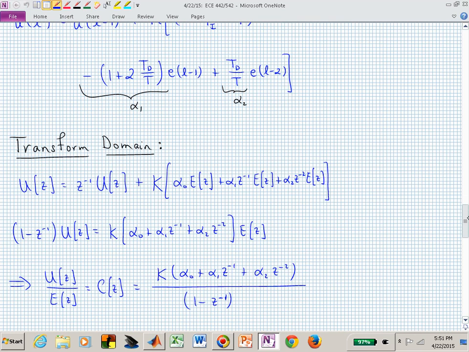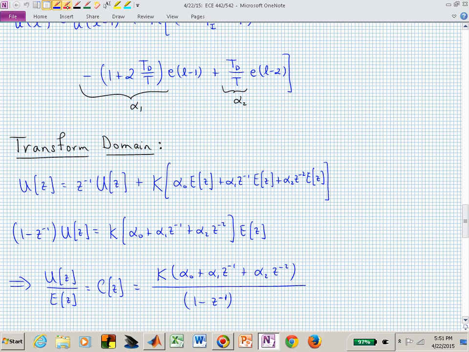I can now solve that for the Z transform version of my controller, capital C of Z. That's now U over E, K alpha 0, etc. And that's maybe not how we like to see it, is it? We might actually like to see this in terms of Z's and not Z to the minus 1's.